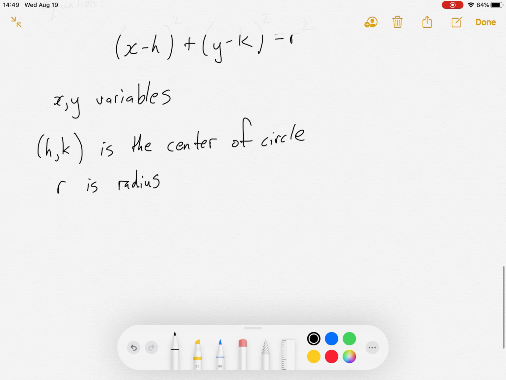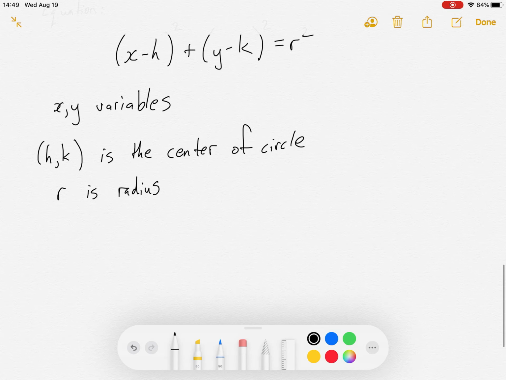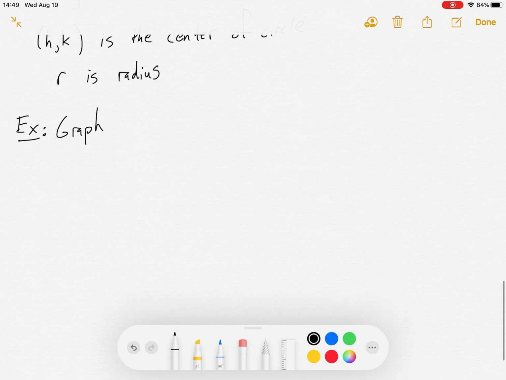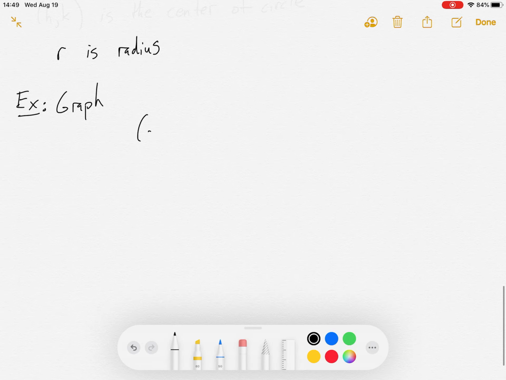So for example, let's say I wanted to graph the equation (x minus 2) squared plus (y plus 3) squared equals, let's do 16 is fine.